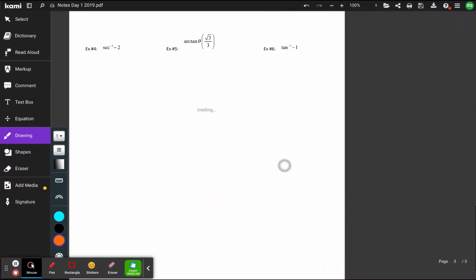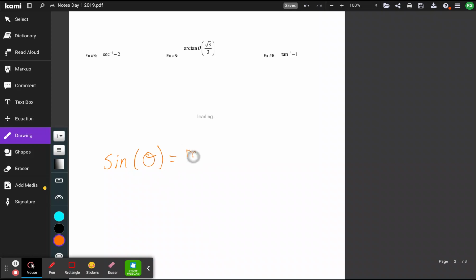The things to keep in mind, I'll write this down here at the bottom, is that if we were to evaluate a sine function, for example, radians goes in and a ratio of sides comes out. So anytime we put in a radian measure, a ratio of the sides of the reference triangle is what comes out. So if it's sine of pi over 6, the ratio of the sides there is 1/2.